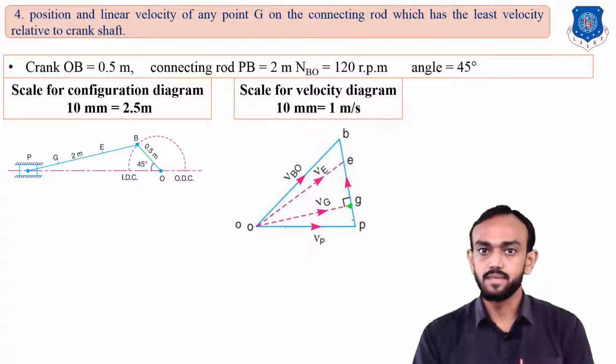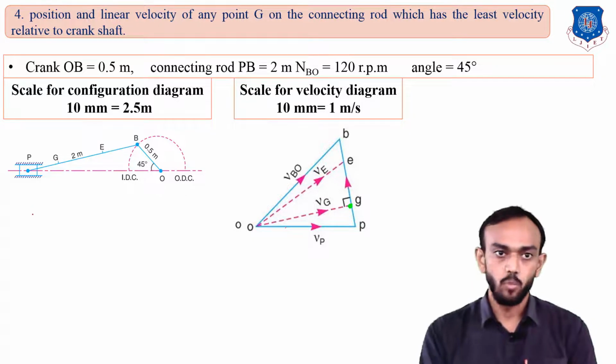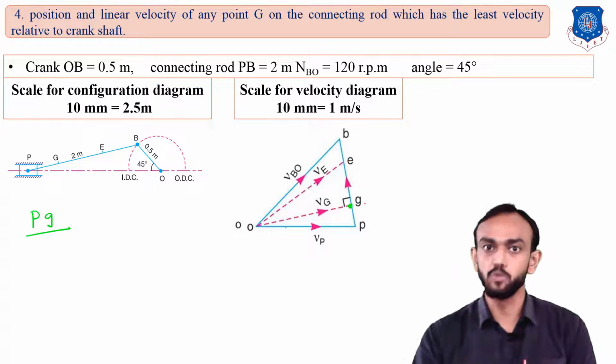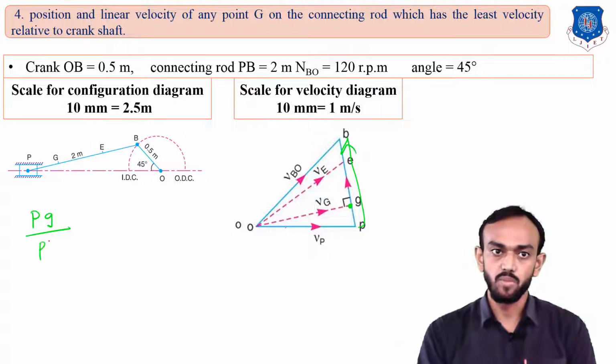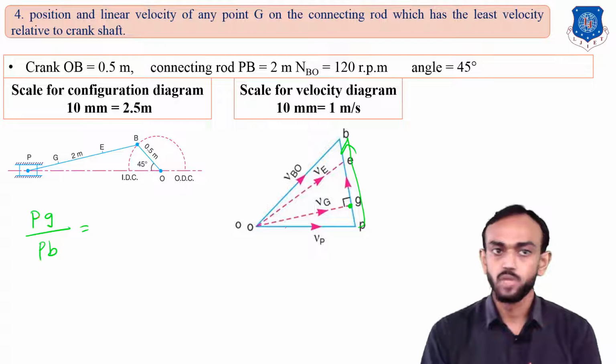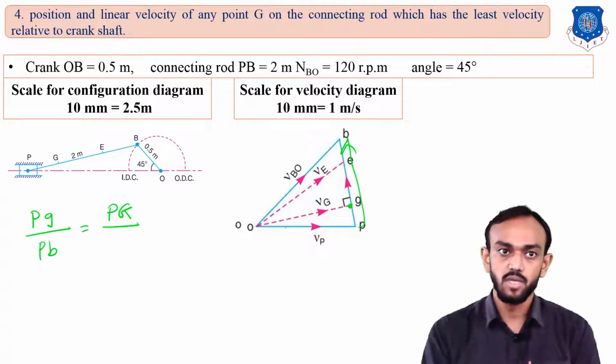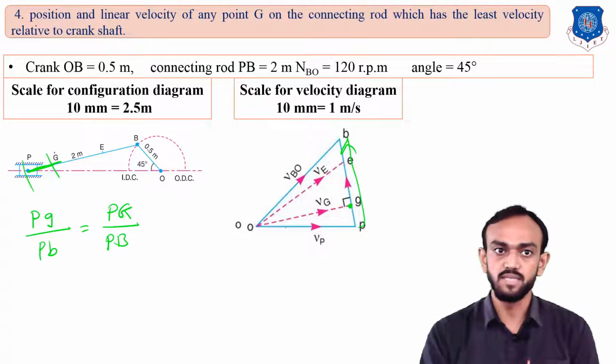I will take the reference point as P. So the P to G distance in the velocity diagram, divided by the P to B distance, we know both values because we have located the G point on the velocity diagram, is equal to P to G for the space diagram, which we don't know right now, upon P to B. P to B means the total distance, which is 2 meter.